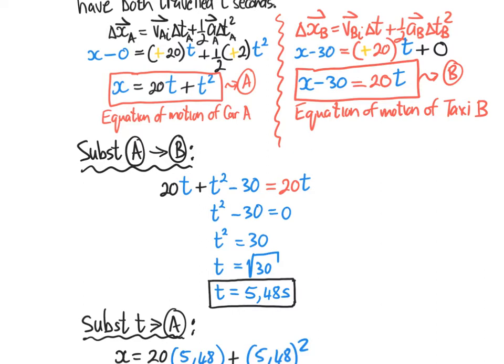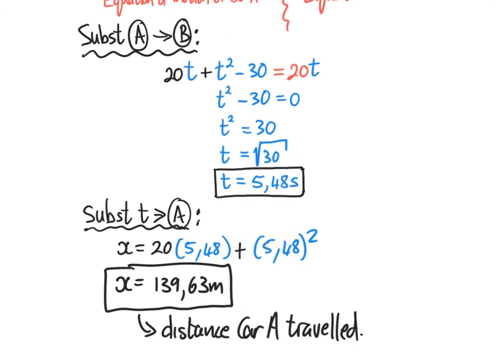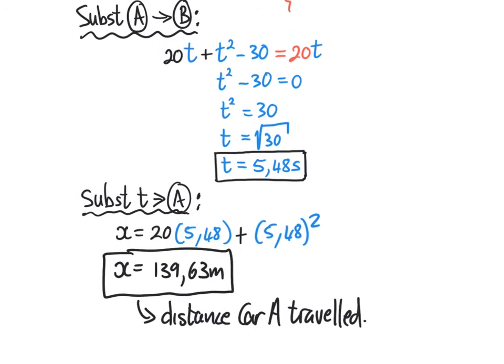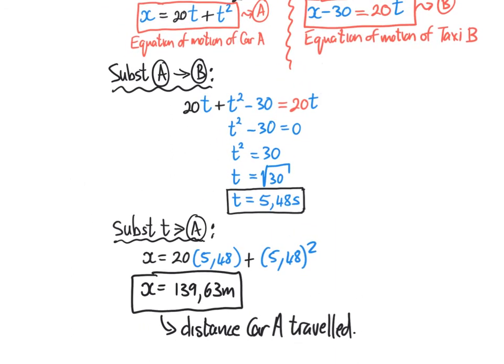Now, if we substitute that time value back into one of the equations, I've substituted it into A. Then x equals 20 times 5,48 plus 5,48 squared. And so the distance that the car traveled before it overtook the taxi is 139,63 meters.